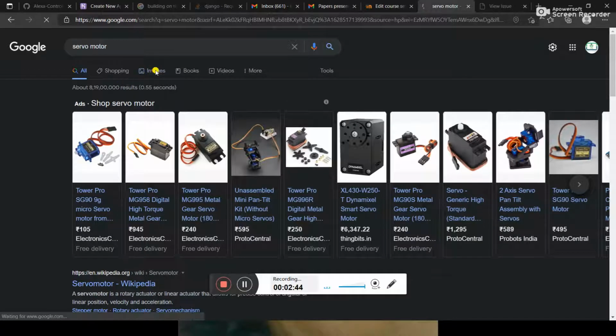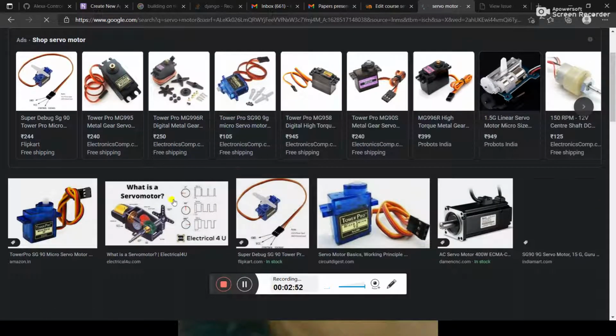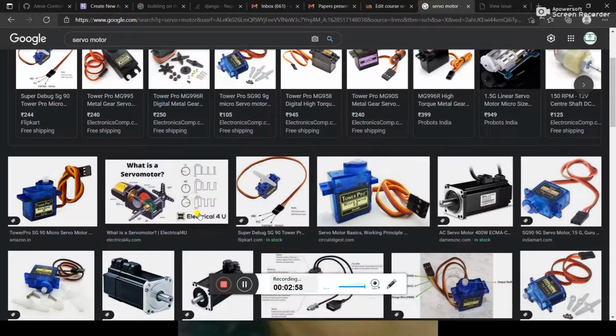So here are the images. This is a very popular motor, and its theta is defined, and we can put it in any particular direction. Its rotation is only 180 degrees, and within 180 degrees it can move from left to right or right to left.